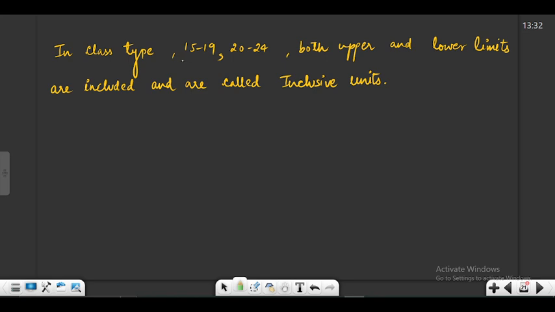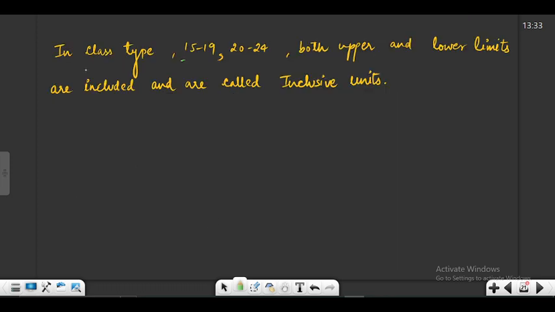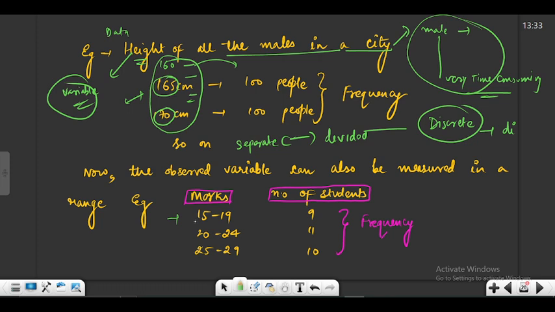So in the class type 15 to 19, 20 to 24, this is the example we are talking about. In this class type, class is basically this interval. So every interval is a class interval. This is the term used. Okay.